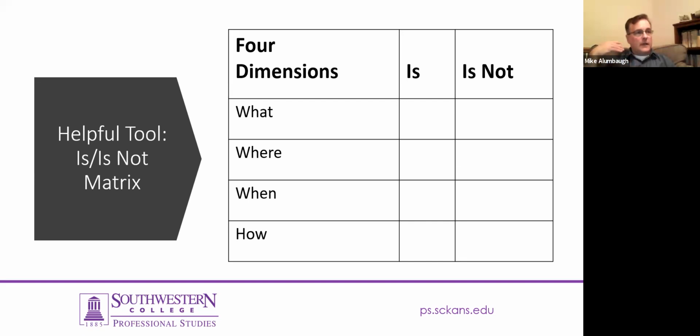So as you go through the what, where, when, how, kind of either mentally have an image of a matrix, or you can even create one of your own and actually write in the considerations on both sides of the ledger so that you know what is in play as far as the discussion goes and what is not. We'll talk about that in a minute.